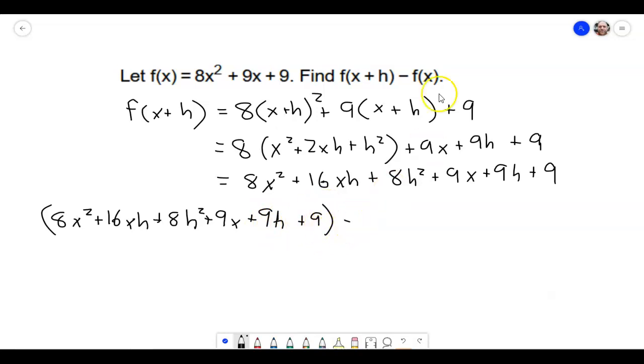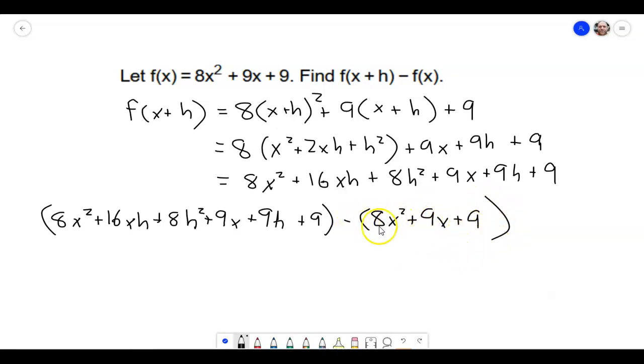And this is going to be minus f of x, which is just this. Make sure I put that in parentheses to remember to distribute that negative sign. So that's just going to be 8x squared plus 9x plus 9.